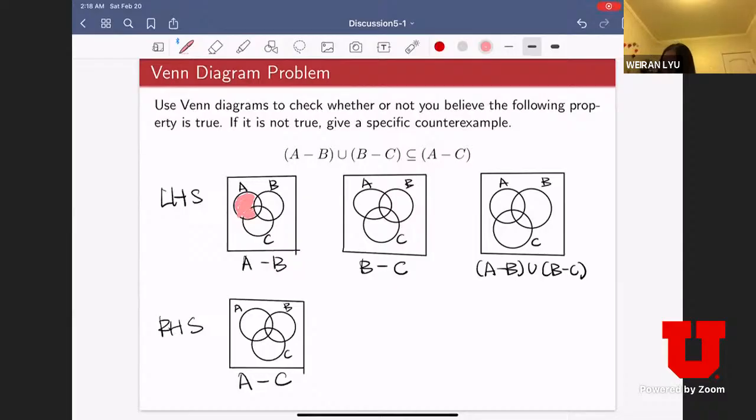Okay, and similar for B subtract C. Should be all the elements in set B, and subtract the part where it intersects with C. All right, and then we want the union of these two.